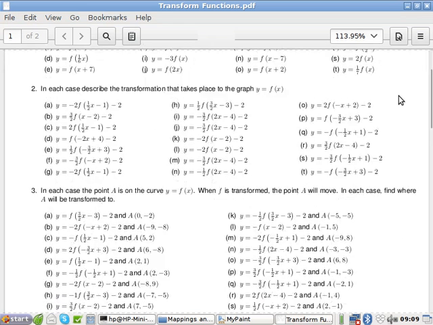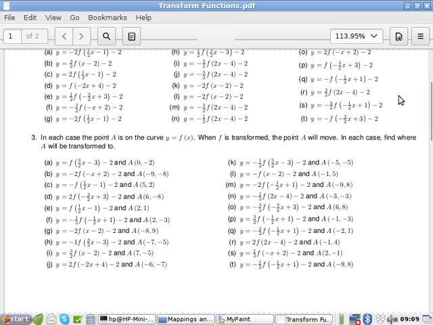Right. Number 3, is it? Any particular one, or just everyone? I tried number H. Right, I'll do it.